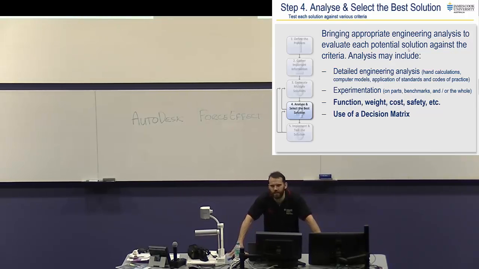Anything else you can think of, but fundamentally you're designing for function, so hopefully it's going to satisfy that. Then we're going to use a decision matrix. In that decision matrix you're going to use cost, weight, its ability to carry load, and any other factors you can think about and how important you place those.